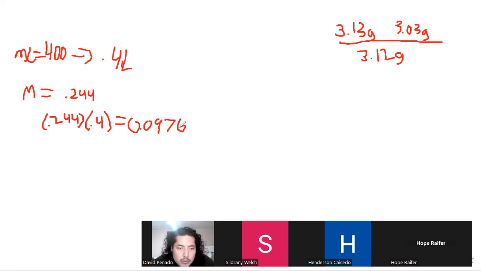And then for grams, I did 0.0976 times my molar weight. What's the molar weight? I got 32.04186.